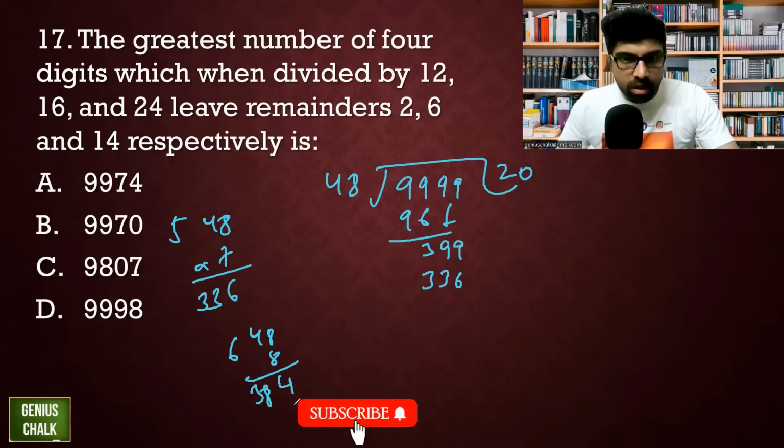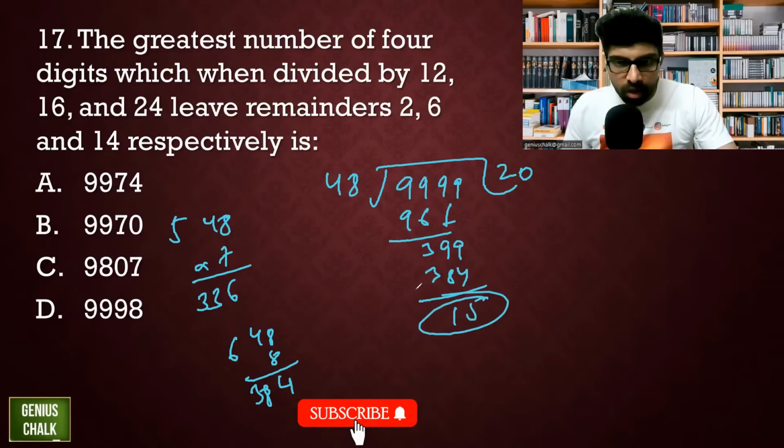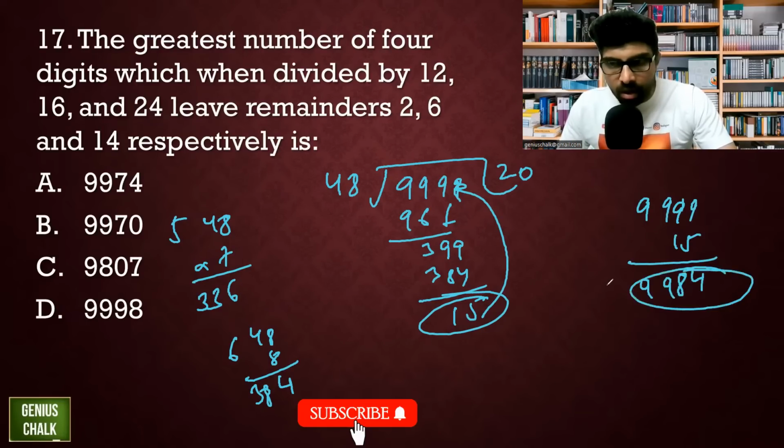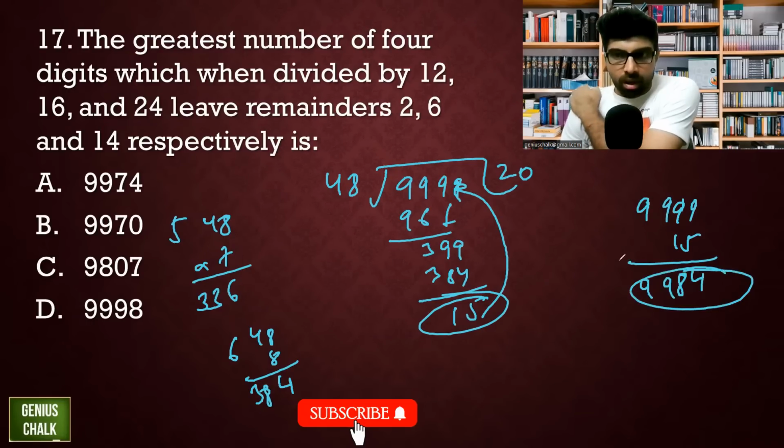Yes, we can go one step ahead, so 384, 51. So 15 is left. Subtract 15 from here. If you subtract, 9984 has to be the number which is leaving 0 remainder.